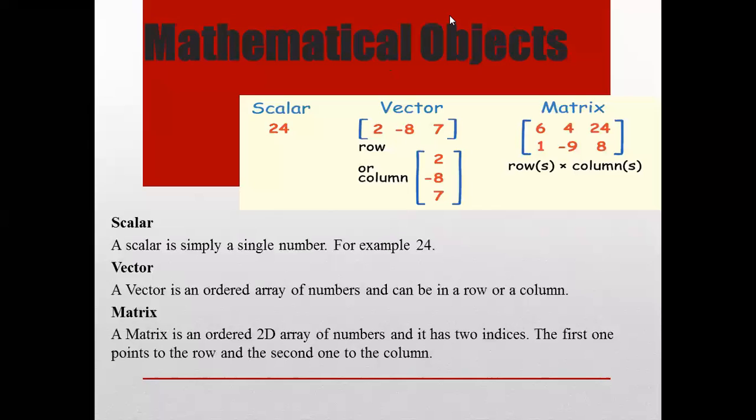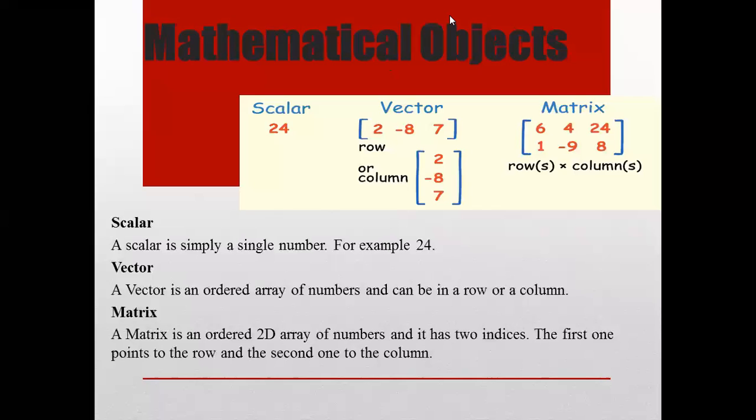So v1 will be the first value, that is 2, v2 the second value, that is -8, and v3 the third value, that is 7. So this is the vector. It will have either a single row or a single column, whereas a scalar is an individual or single value.